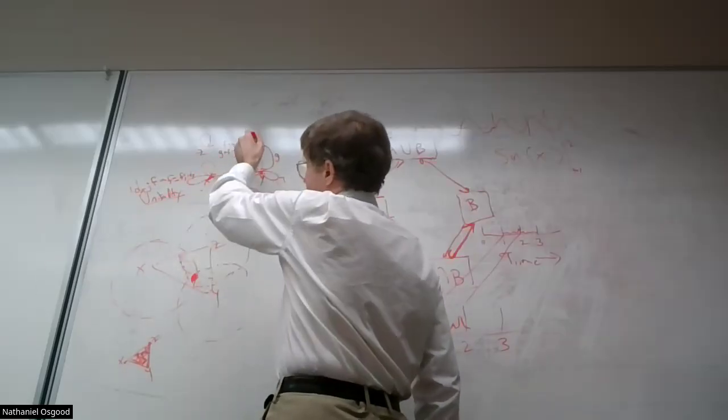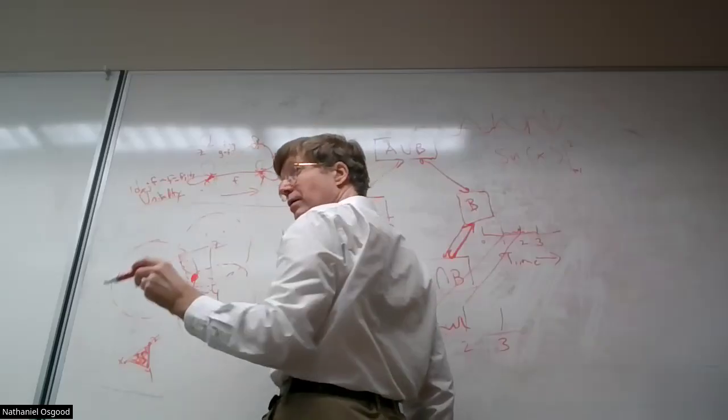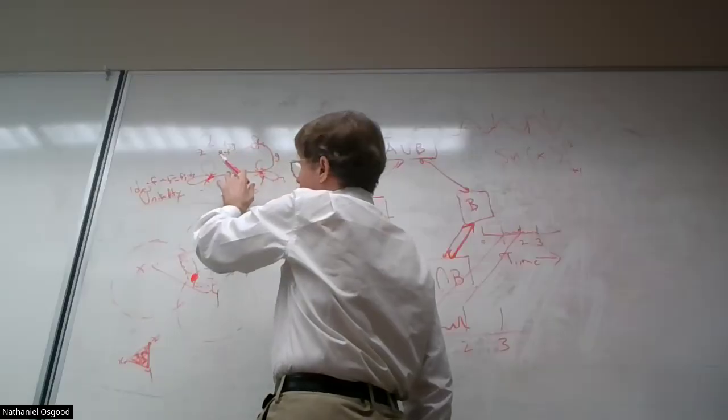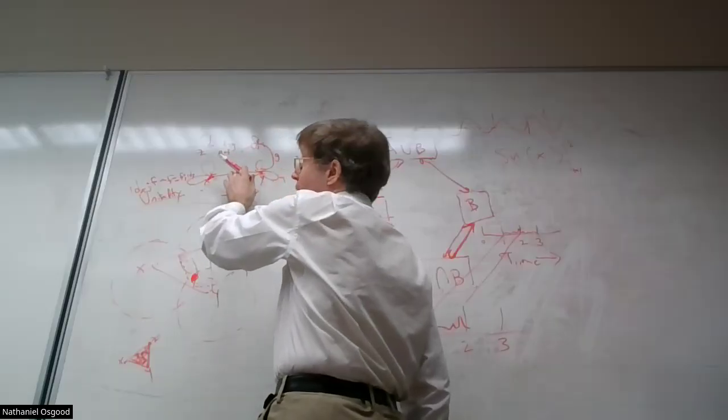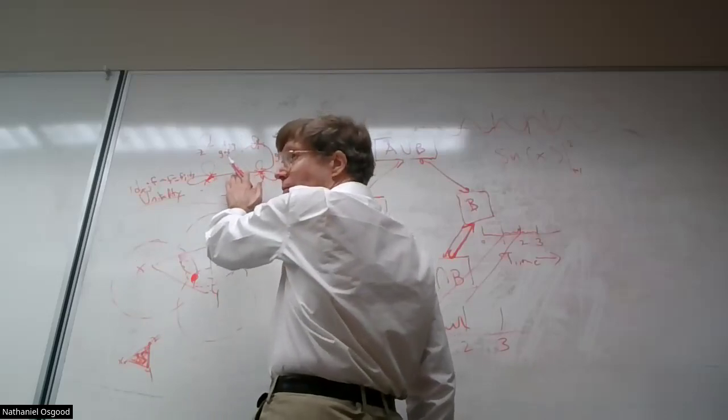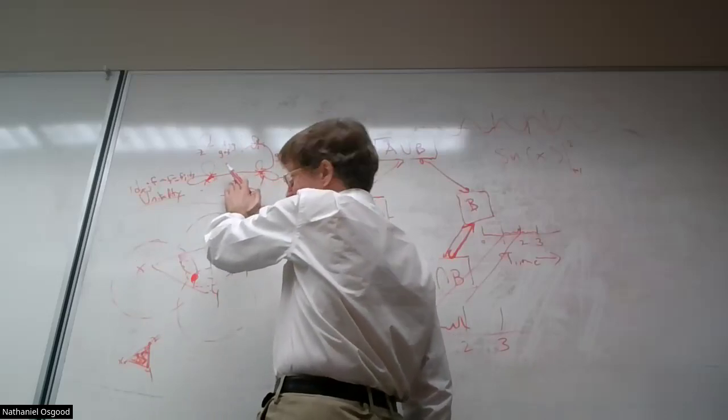X is less than or equal to W, right? By the way, in a pre-order, it's a so-called flat category or a thin category, because we don't need to write what it is. It's just there, it exists or not.